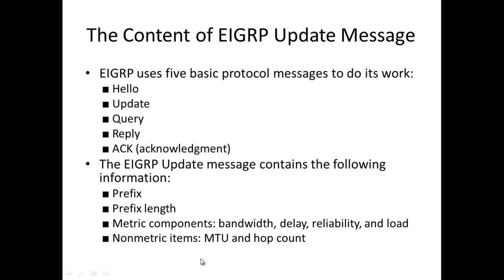EIGRP update messages contain the following information: the prefix or the subnet, the prefix length, the metric components, bandwidth, delay, reliability, load, and non-metric items such as the MTU and hop count.